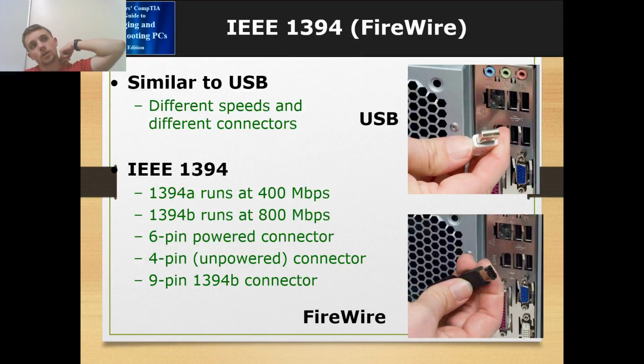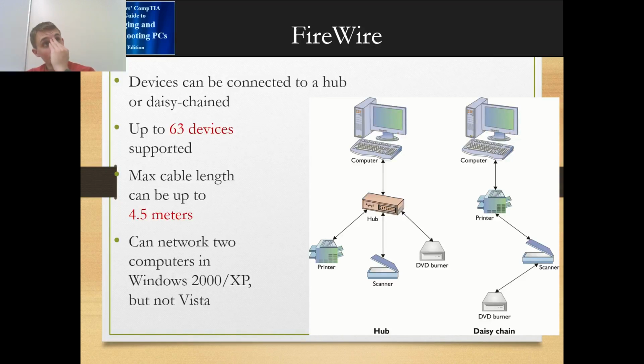IEEE 1394 runs at 400 or 800 between the A or B standard. It's a 6-pin connector, or 4-pin if it does not have power running through it. The 1394B connector has 9 pins though. This is kind of cool, but the reality is that FireWire isn't really that popular.